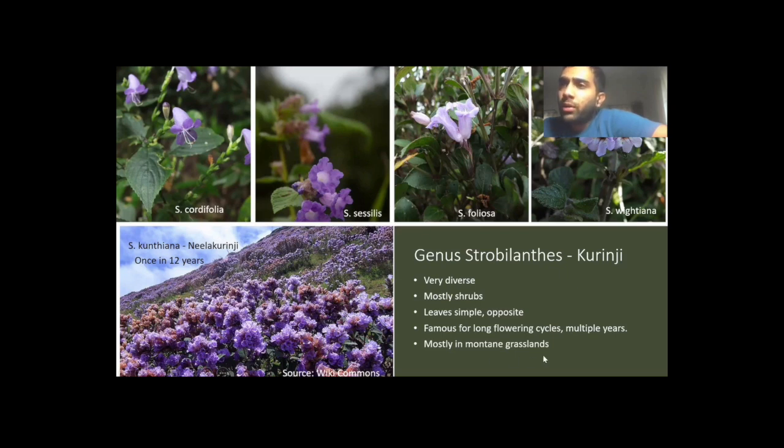They're usually found in grasslands, in grassy slopes, but you have some species like this one which you'll find in forests or in the edges of forests. So Strobilanthus, almost all of them are shrubs, and they have simple leaves which are opposite, and they have blue flowers. But I know that's not enough always for you to identify it, but at least you know about it.